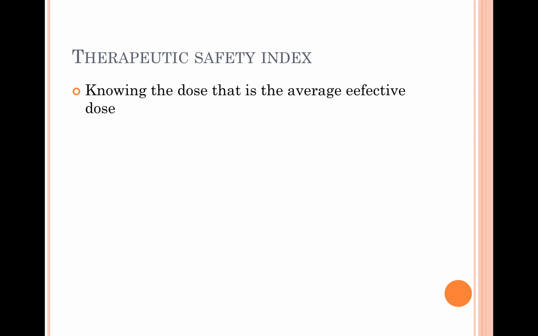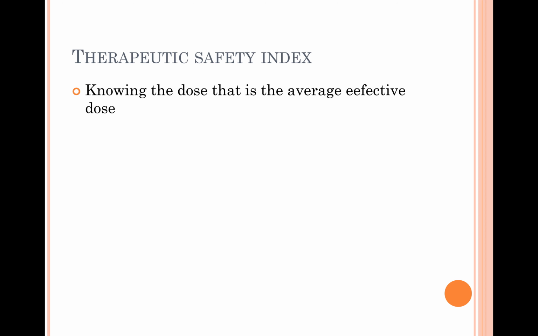Okay, so the number of milligrams that was studied to be therapeutic in a human. So the therapeutic safety index takes the number which is the lethal dose and divides it by the number which is the therapeutic dose. When that number is divided out, that number is determined to be the therapeutic safety index.